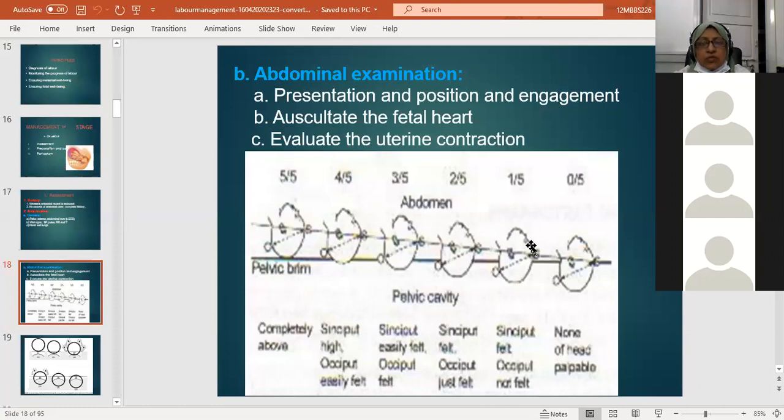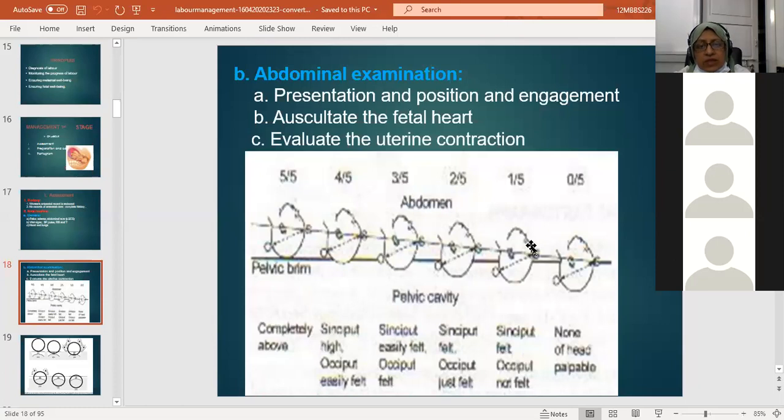Then we call it a good uterine contraction, and they should be coordinated. One contraction should occur after the other contraction. So in 10 minutes there should be 4 uterine contractions, coordinated and regular.